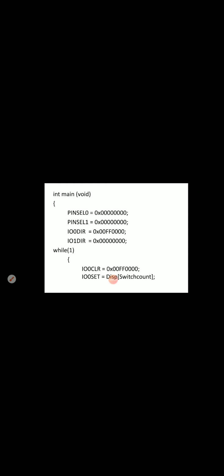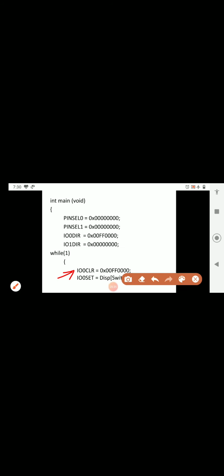Now again this is going to an infinite loop. So first we are clearing the pins 0.16 to 0.23. Again that IO0SET is going to set the values with this display value. So which pins are going to be set here?